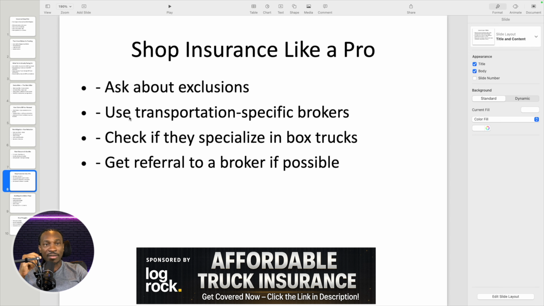It doesn't necessarily have to be box trucks. It just needs to be in the trucking industry. If you know someone in your market that is in trucking, get a referral for a broker. All right, get a referral. See if you can get a referral first before you go around trying to Google brokers.